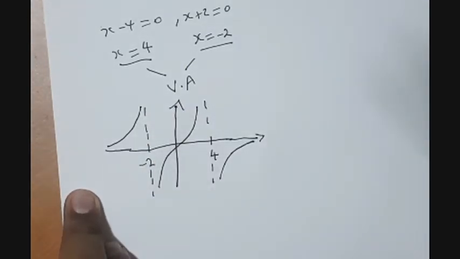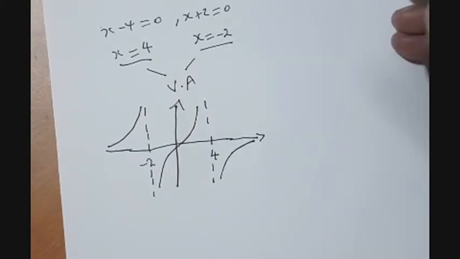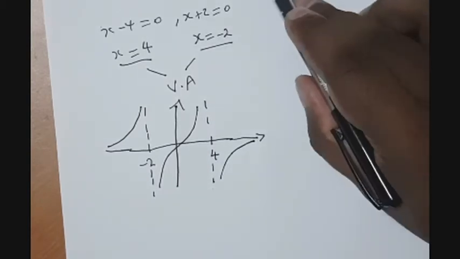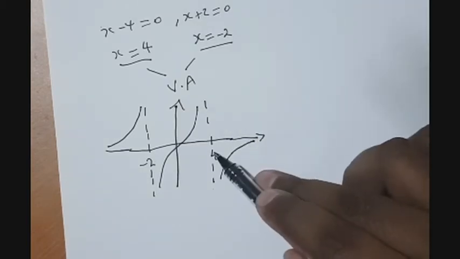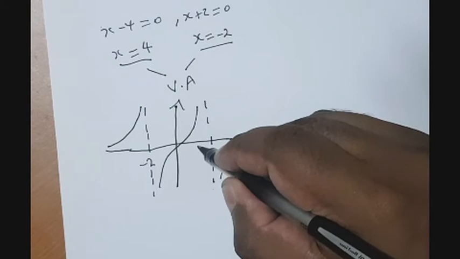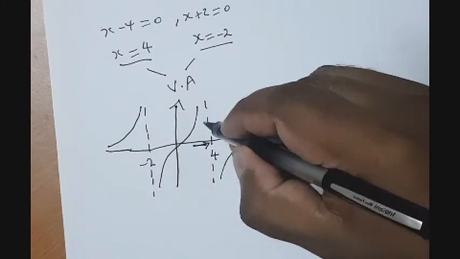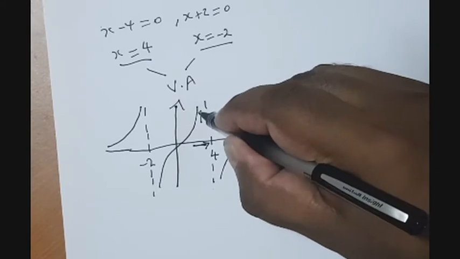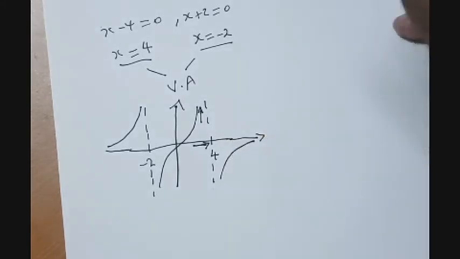Okay, that graph helps us to better visualize our problem. We want to find the limit as x approaches 4 from the left. Since 4 is here, as our x values approach 4 from the left, we can see that our function approaches positive infinity. So we can conclude that our limit is positive infinity.